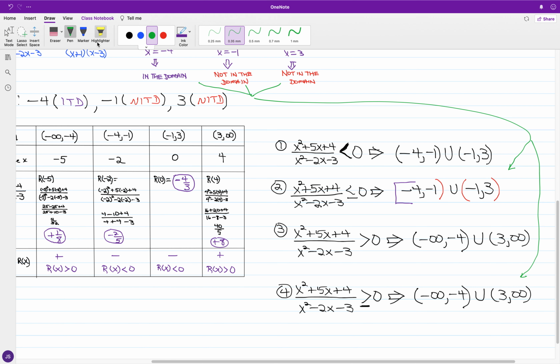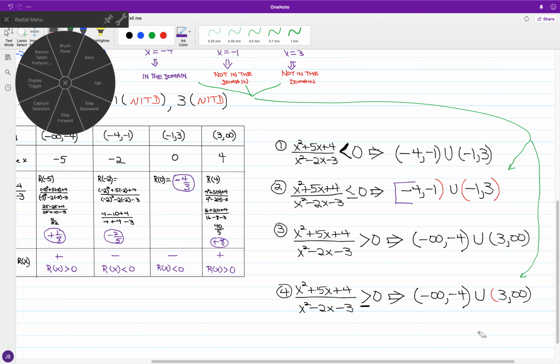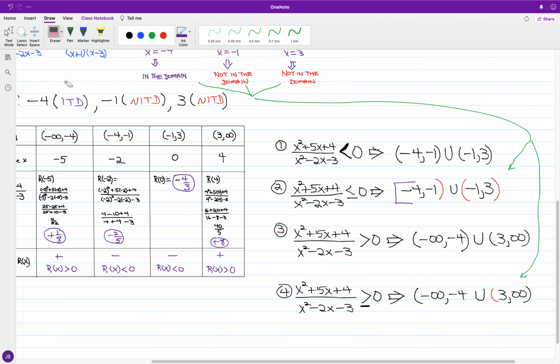Okay, so again, just to stress, 3 is not in the domain, whereas -4 is the only 0 that is in the domain. So in terms of the grouping, you have values of x around -4, and -4 is included since -4 sets the function equal to 0, whereas in the case of 3, it's a 0, but it's the kind that will render the expression as undefined.